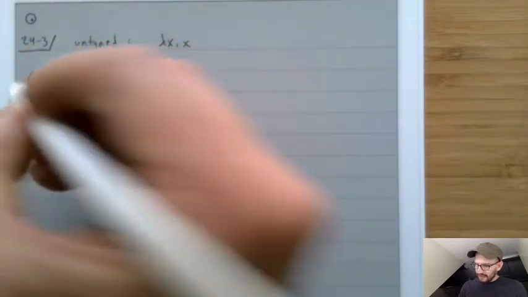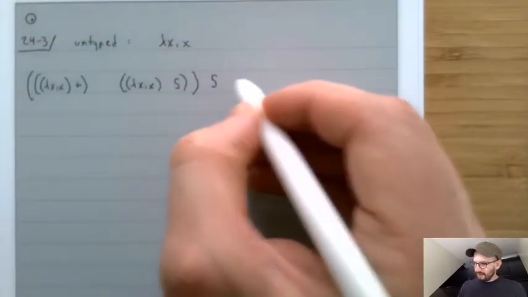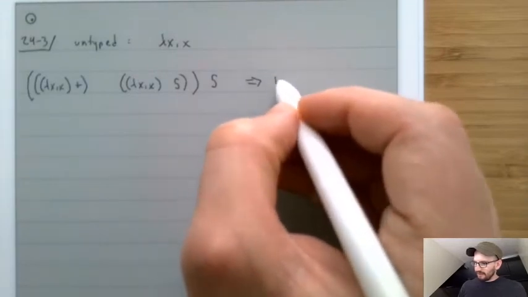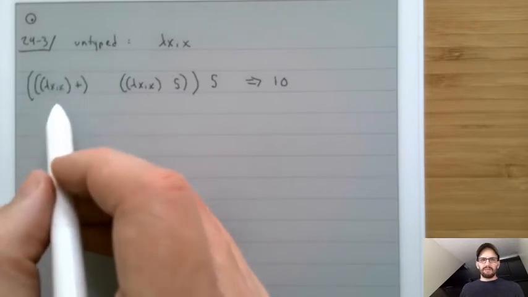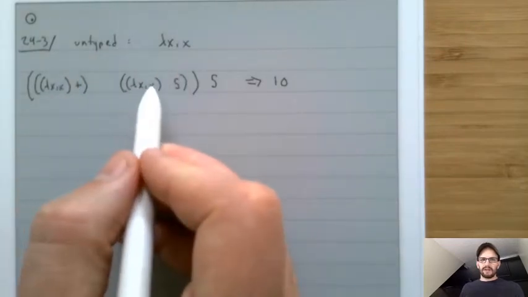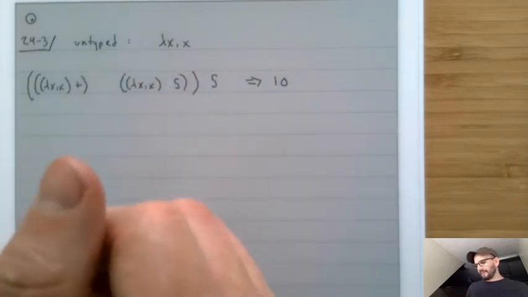And then we could apply these together, and then we could apply that to 5. And this program is going to run and produce 10. Because when we send the plus into here, we get back a plus. When we send the 5 into there, we get back a 5. We add those together, and then we get 10.